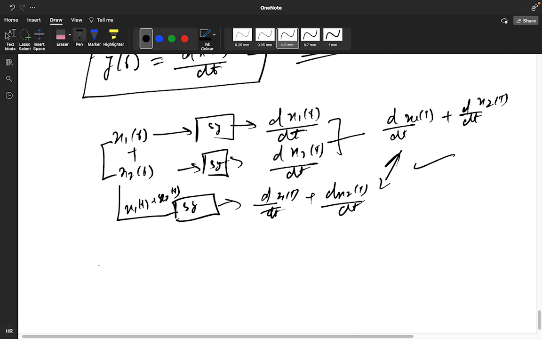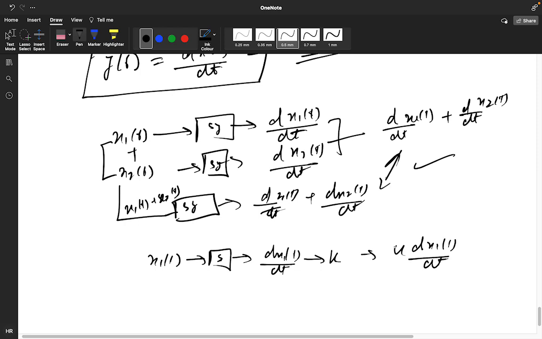Similarly, check the law of homogeneity. For checking the law of homogeneity, for x1 of t the system gives dx1 of t by dt, and you multiply by k, so k dx1 of t by dt.